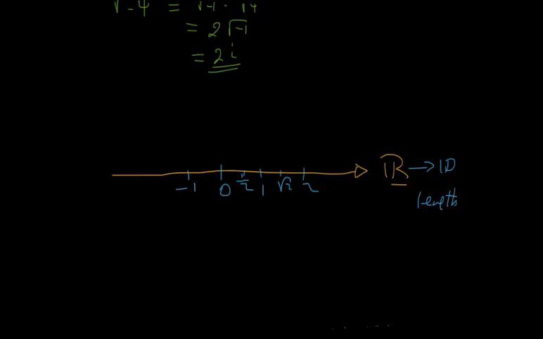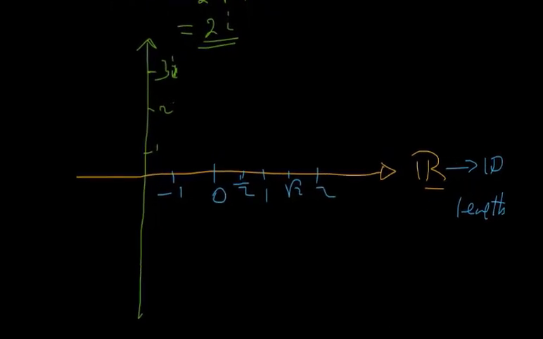So when we bring in another axis, let it be the y-axis here, and we represent, for example, 3 here, we can take this as the imaginary part. If I take any point here, for example, I have here 2 and here 2i.